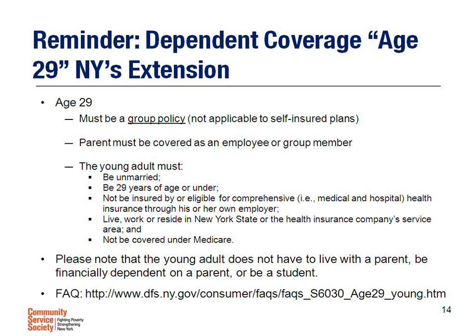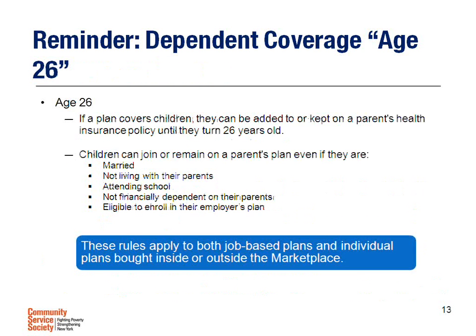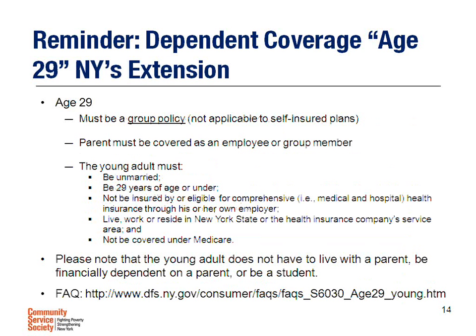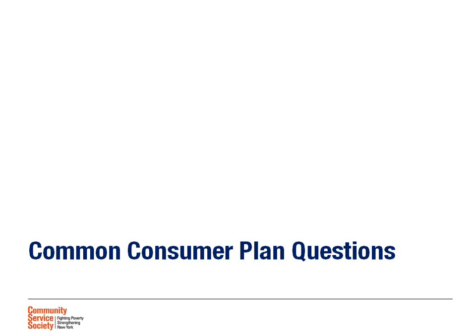It does help people who may have a dependent with high medical needs and who may be unmarried and so forth. More information is available on the FAQ at the bottom. And if you're ever in doubt, you can just Google dependent until age 26 or dependent age 29 New York extension, and you'll be able to get more information.